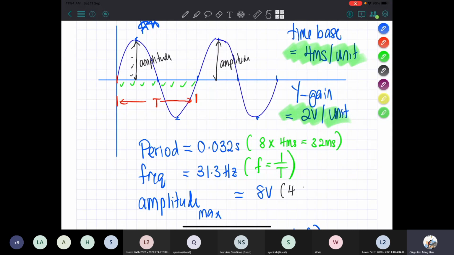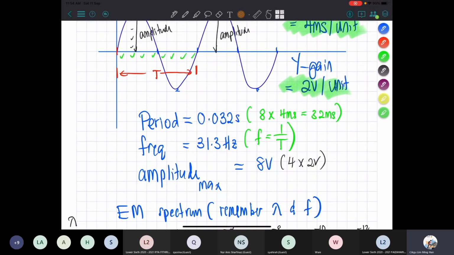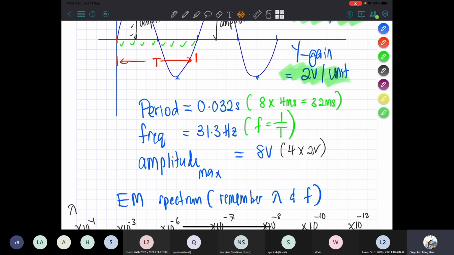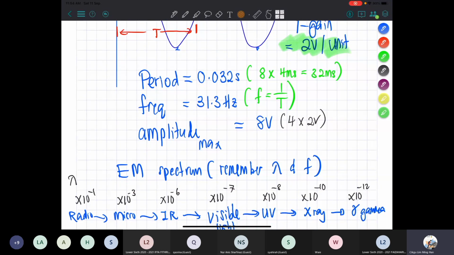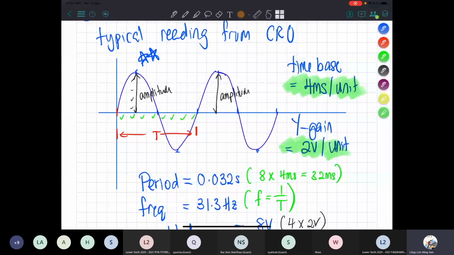So it will be 4 boxes multiplied by 2 volt. Why is it 2 volt? Because every 1 unit is 2 volt. So you get 8 volt. So these are the wave things that you must be aware of. Look for questions like this. I remember there are many questions like this in your past-year booklet.